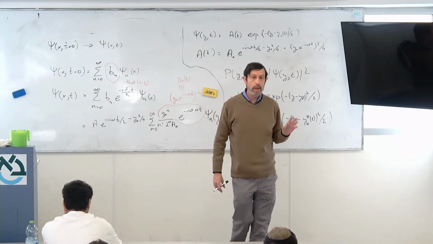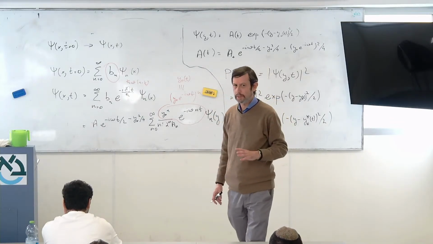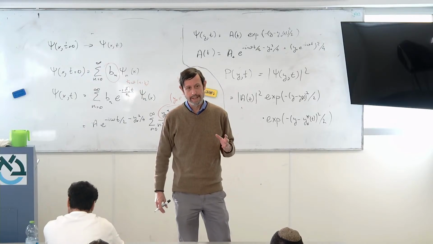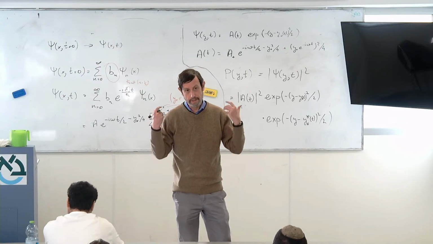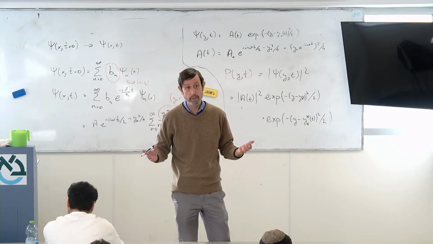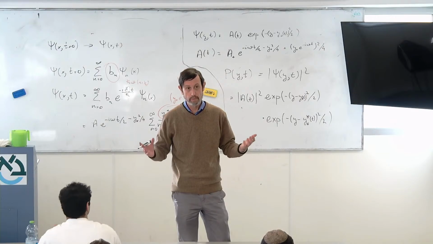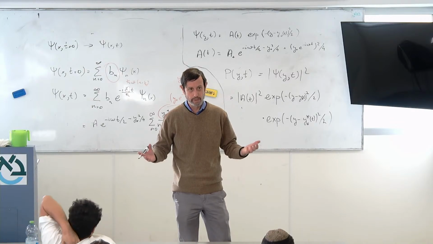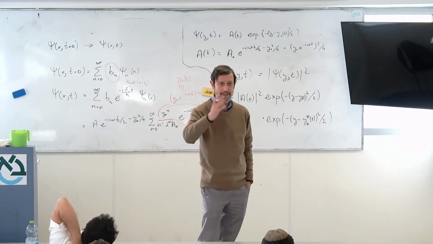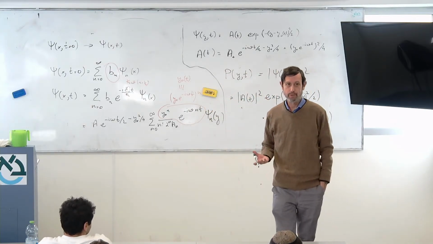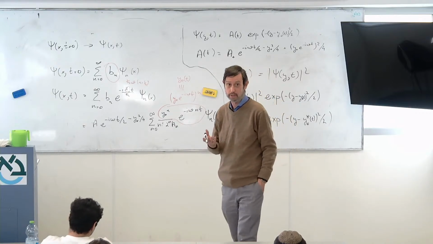And the fact that we have an imaginary part is not a mistake. It has to be the physics, because as we discussed in one of the previous lectures, a wave function that has only real parts has no momentum. It has no momentum, so its position can't change. So if I'm talking here about a Gaussian wave function that moves in the potential, it has to have an imaginary part.